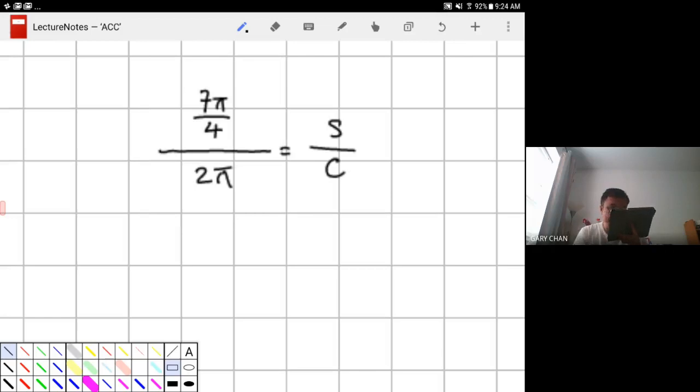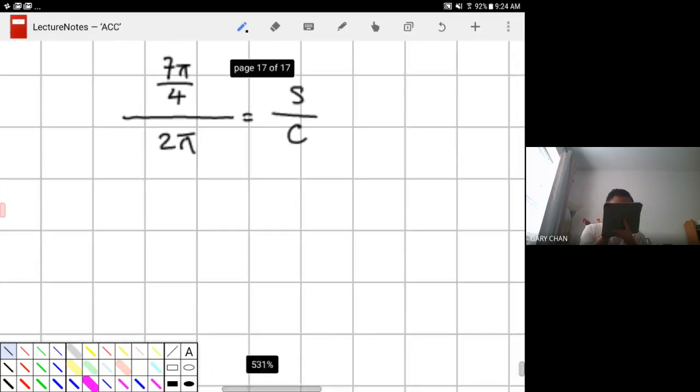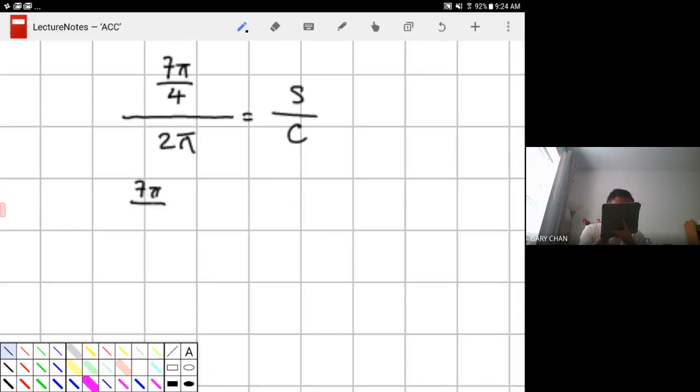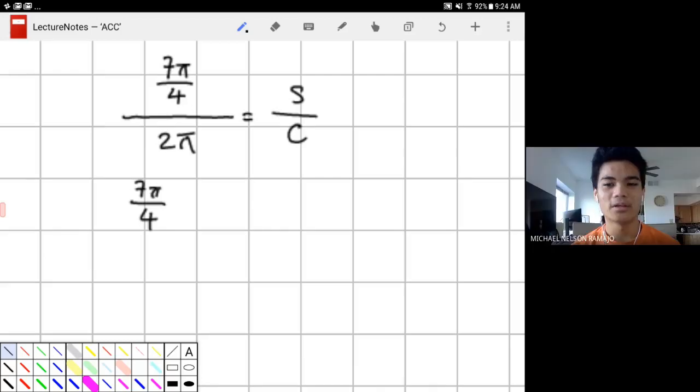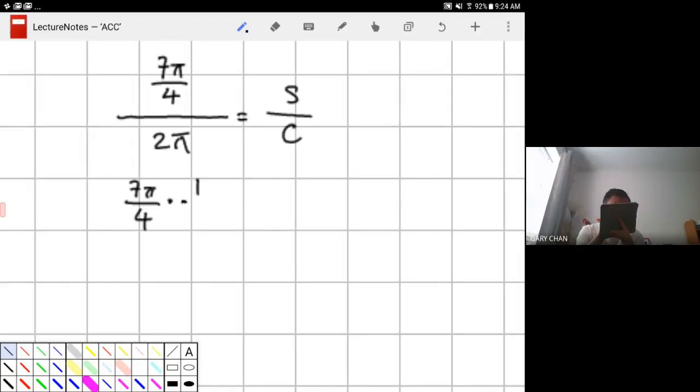So all you have to do is simplify that. Let's not be afraid of fractions here. So I have 7 pi over 4. When you're dividing by another fraction, you multiply by what? The reciprocal. So this is going to be 1 over how much? 2 pi.